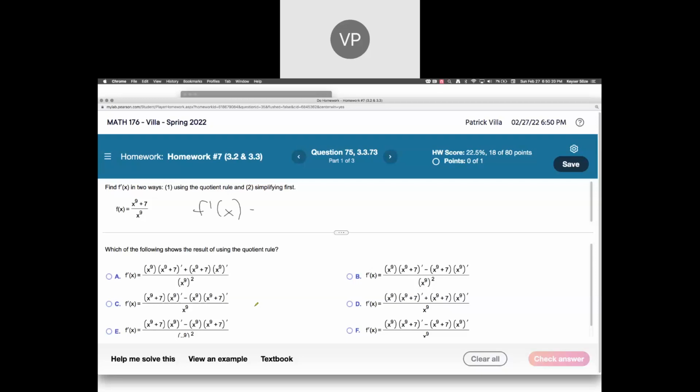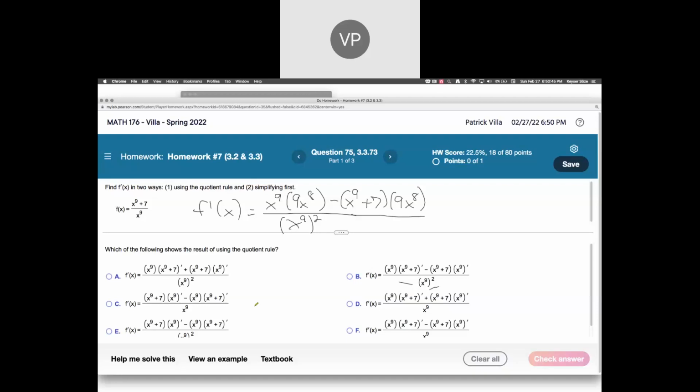The quotient rule. You take the bottom and you square it. Then you take the bottom times the derivative of the top, which is 9x to the 8th, minus the top, and that's x to the 9th, times the derivative of the bottom.